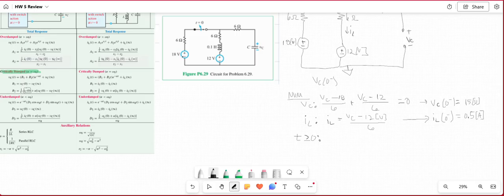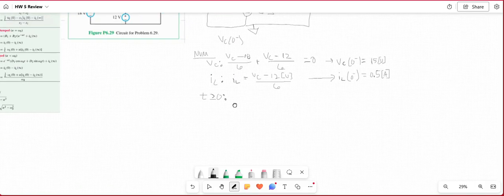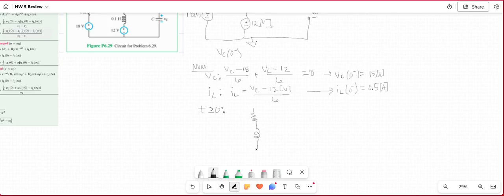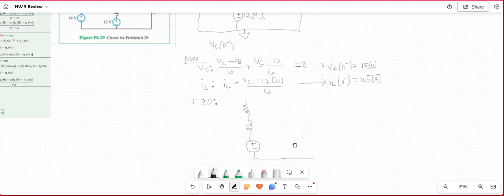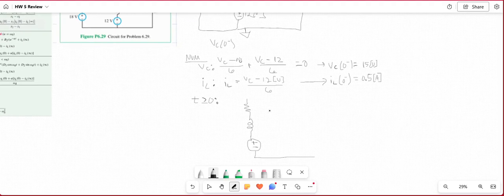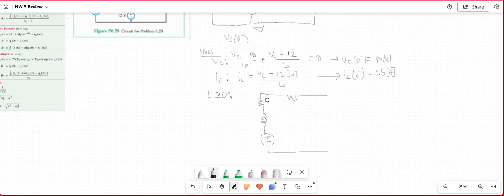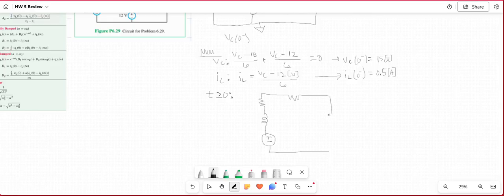Now the switch flips up, so the 18 volt voltage source and the 6 ohm resistor we're going to ignore, and we'll have the right side of the circuit. So we'll have that voltage source, that capacitor.